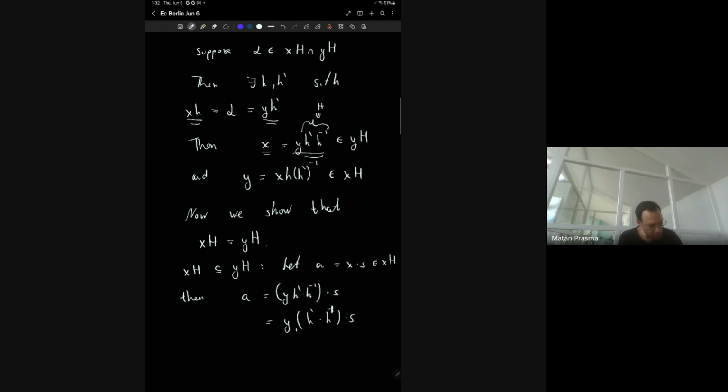And this whole thing is in H. Right? When I say a is equal to xs, it means that s is in H. So altogether, I get that a is an element in yH. You see, I started with a general element in xH, and I conclude that it is in yH.